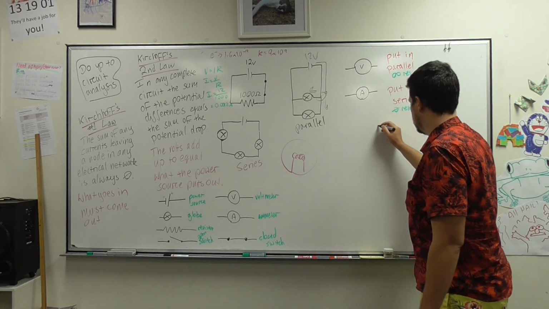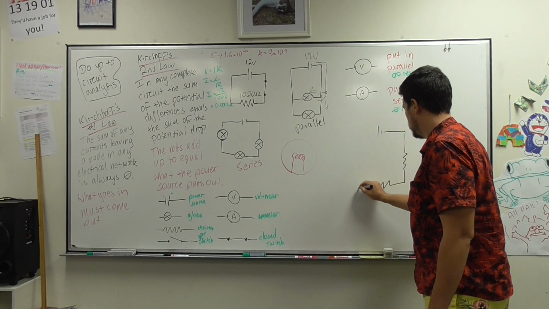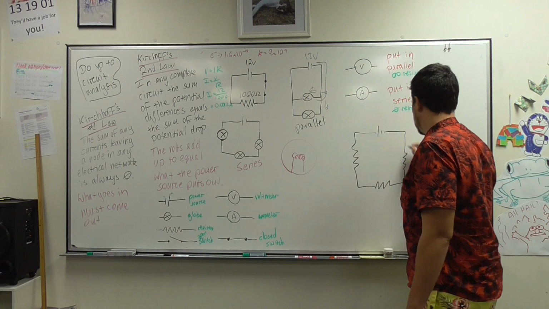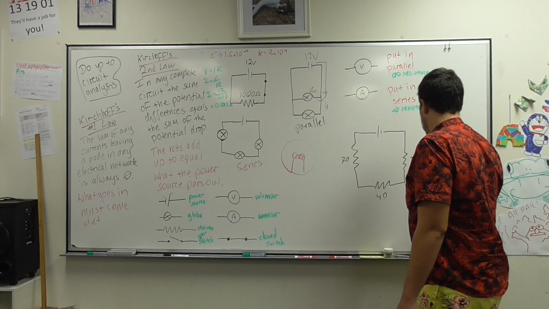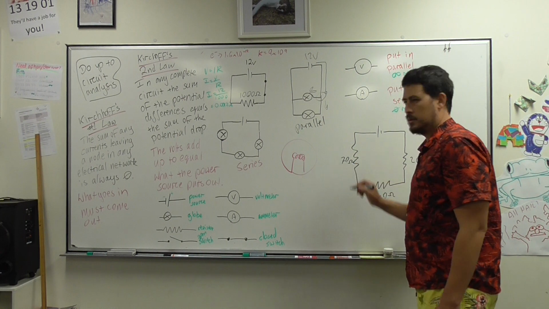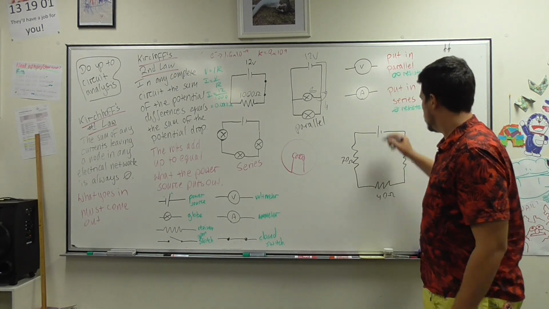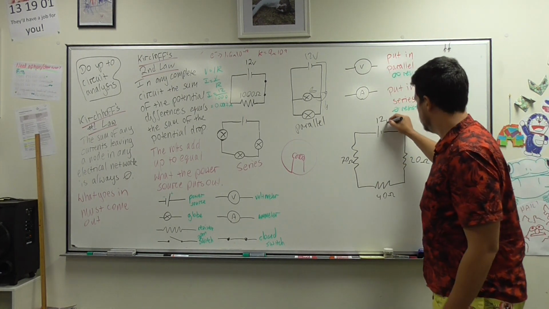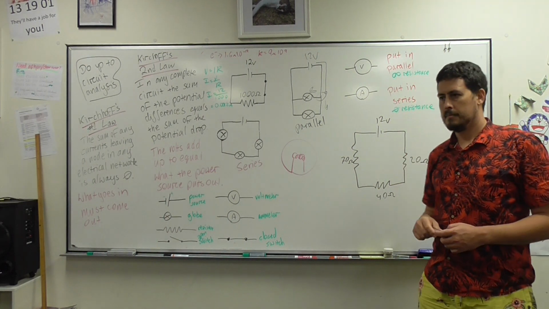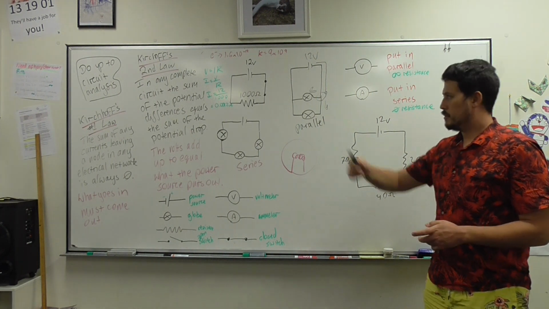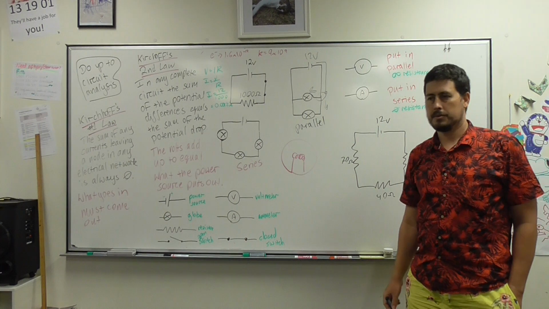Let's do this circuit: 20, 40, 70 ohms. So this is a 12 volt circuit, and the power is going to get dropped across these three. Noting Kirchhoff's second law, it's going to spend 12 volts across all three of those.